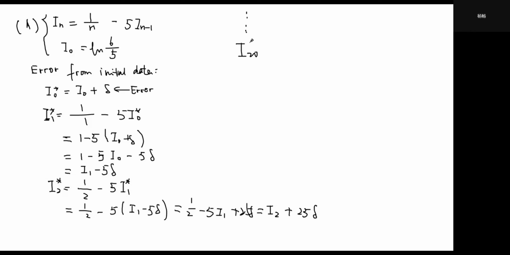So at last you get I_20 star equal to I_20 plus minus 5 to the power 20 times delta. Okay, this is what you get finally.